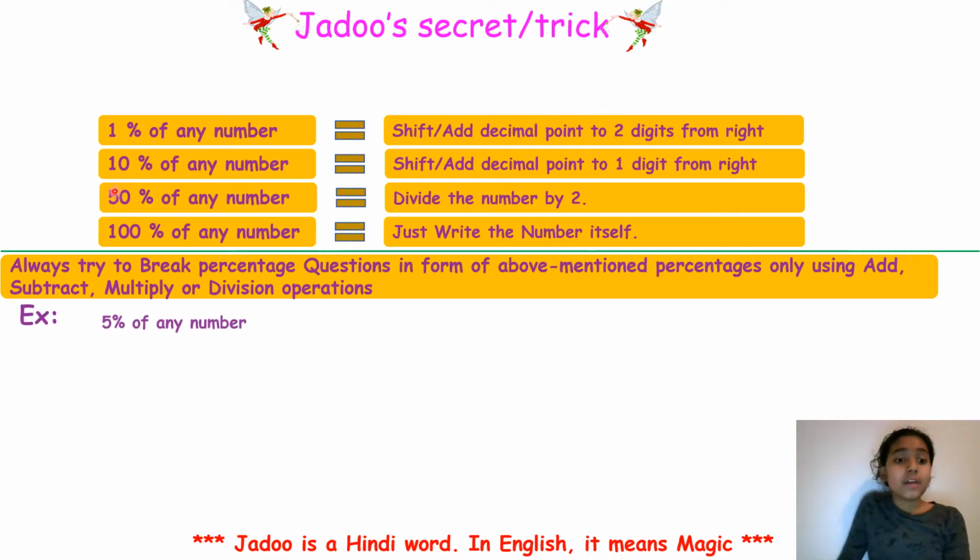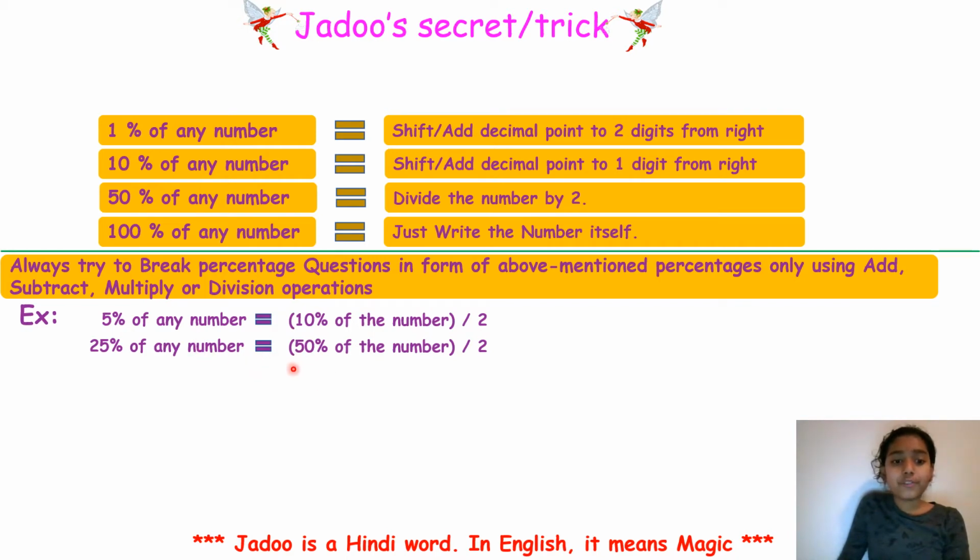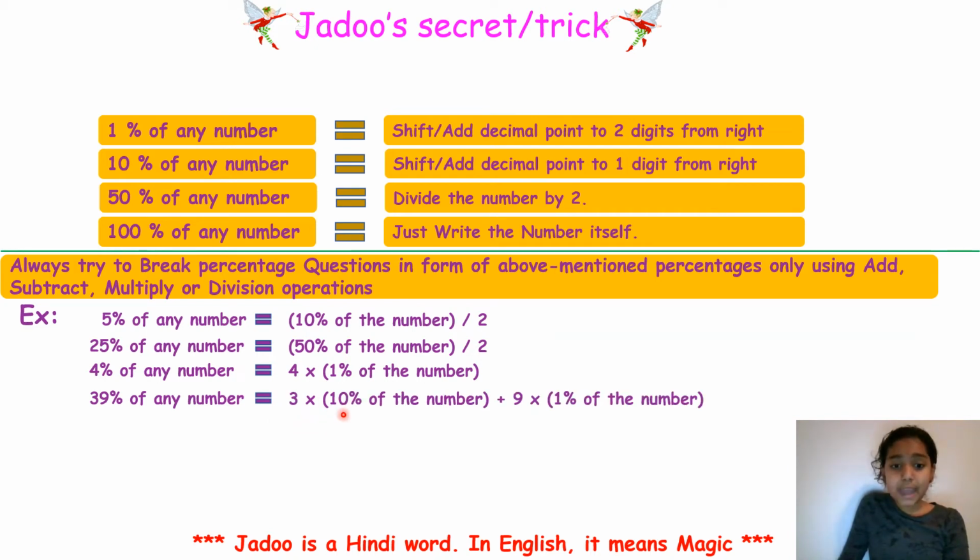For example, 5% of any number is nothing but 10% of the number divided by 2. 25% of any number is nothing but 50% of the number divided by 2. 4% of any number is nothing but 4 times 1% of the number. 39% of any number is nothing but 3 times 10% of the number plus 9 times 1% of the number.